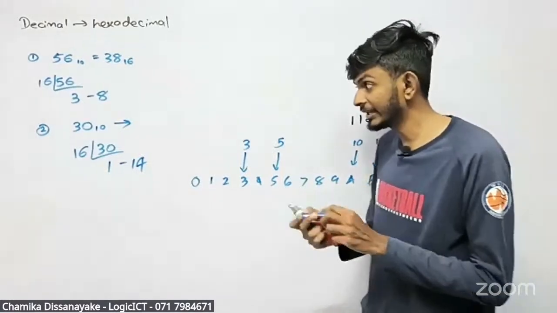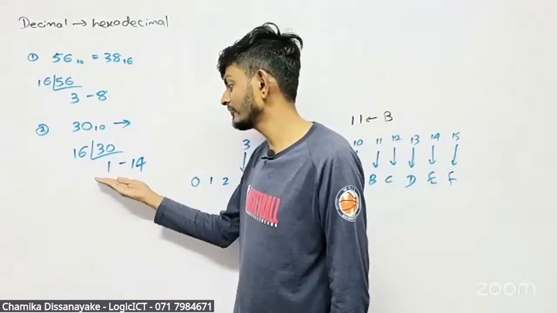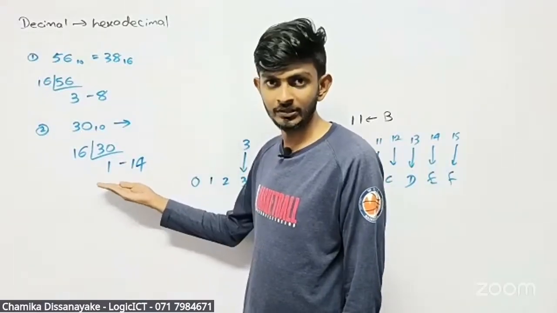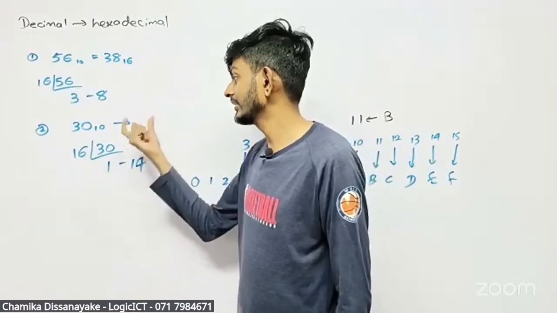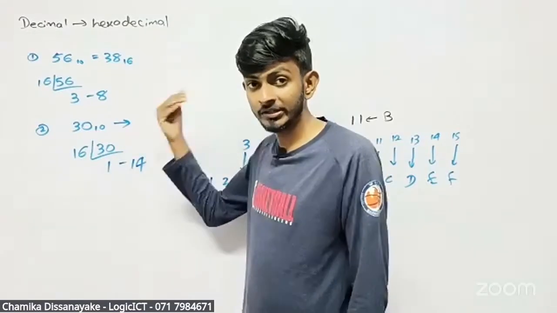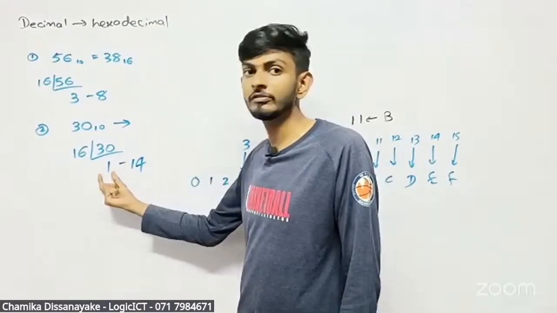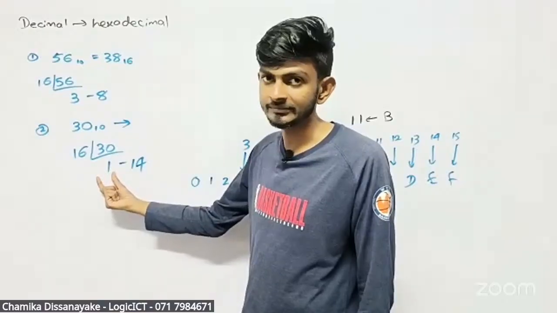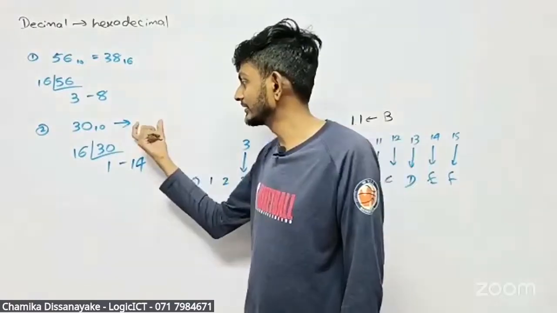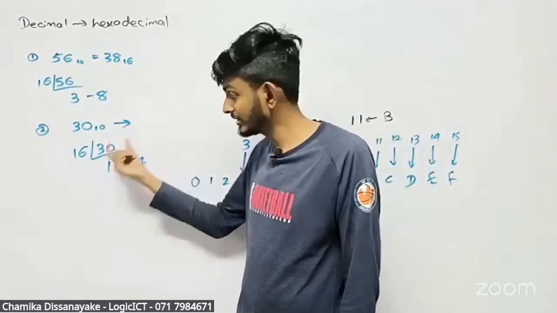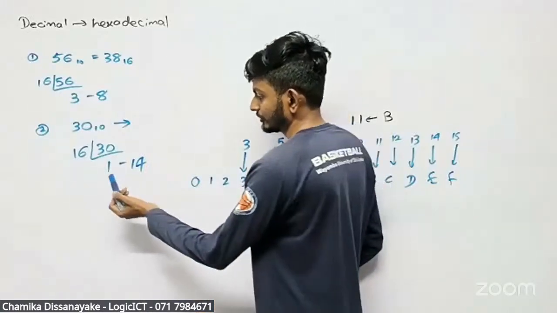When we are doing the calculations, we will have the values. So when we write the answers, we have to write the symbols corresponding to these values. Those are the values, but when we write the answer, we have to convert these values into symbols.